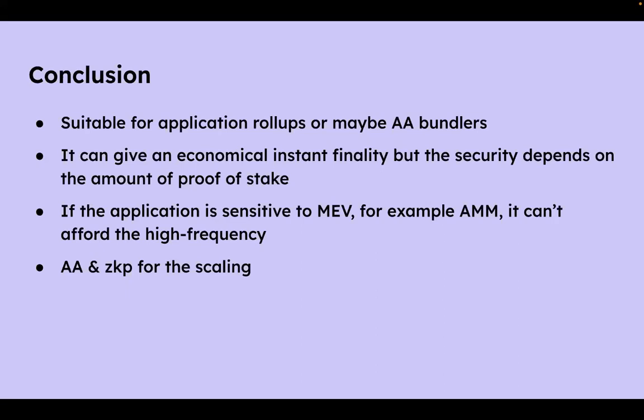But it is very important to note that a single sequencer doesn't mean that it is not decentralized. You can decentralize the sequencers even with a single sequencer model, with something called a burn auction model. It makes the right to be a sequencer available in a permissionless way.